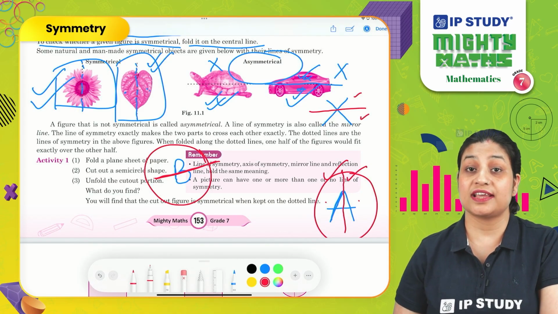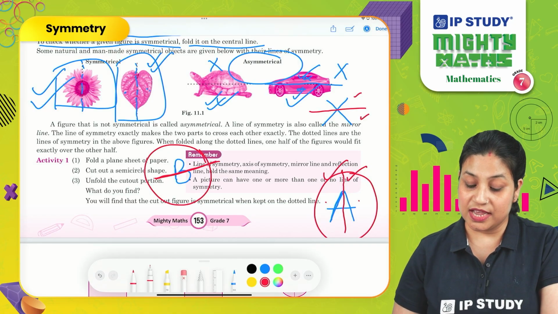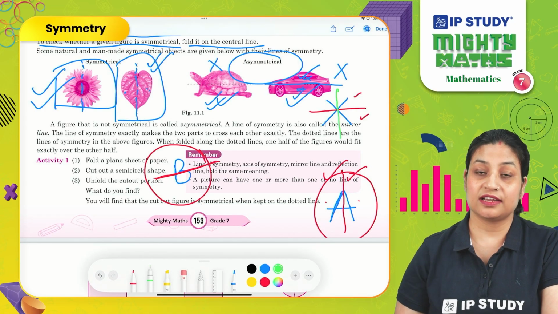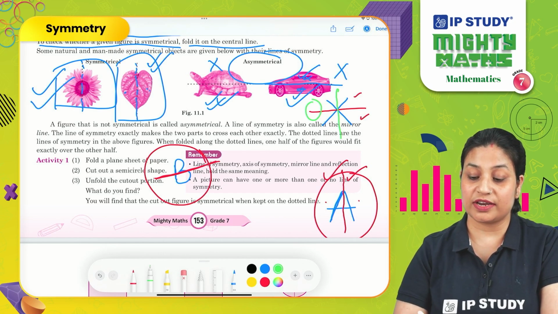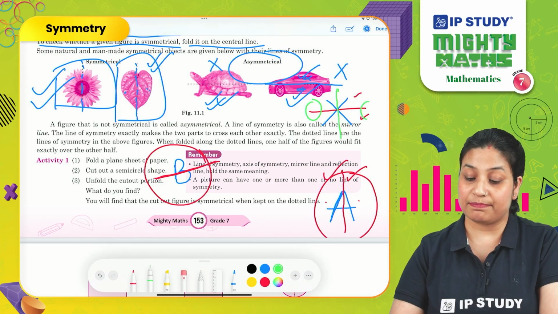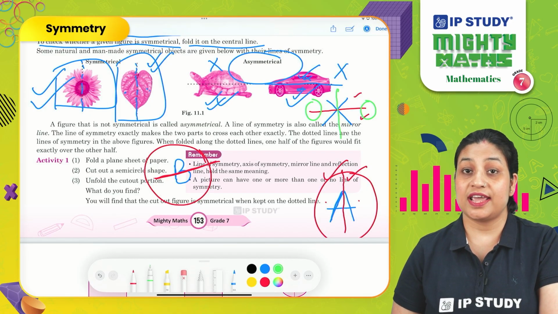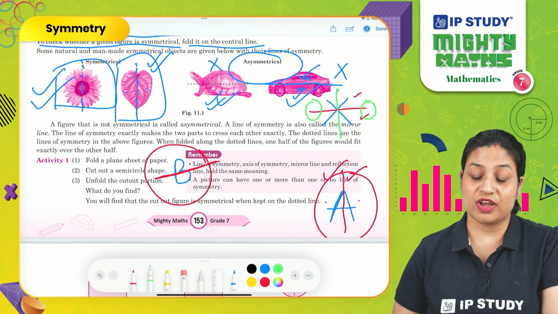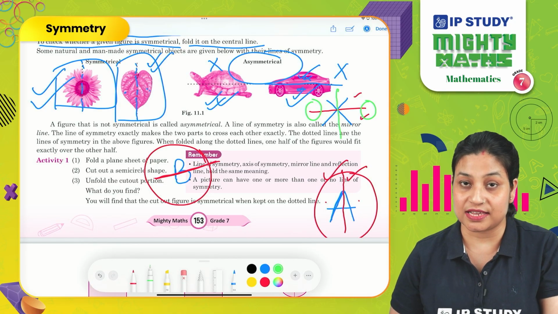It means letter X is symmetrical about the horizontal line of symmetry. Similarly, if I draw a vertical line like this, still I can say that the left part is identical to the right part. So what does it mean? It means that letter X is symmetrical about the vertical line of symmetry as well as the horizontal line of symmetry. I hope you have understood these topics and these examples as well.